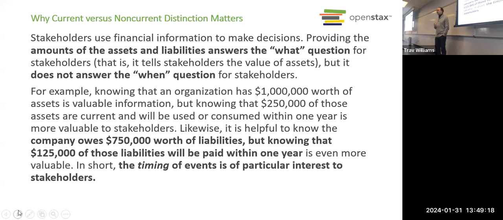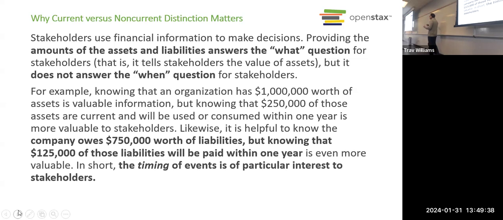So if you're an investor and you see that this company you're thinking of investing in has $10 million in assets, you might be curious, how much of that is short-term assets that they could quickly turn into cash? And how much of it is tied up in things like buildings and equipment that would be hard to turn into cash?